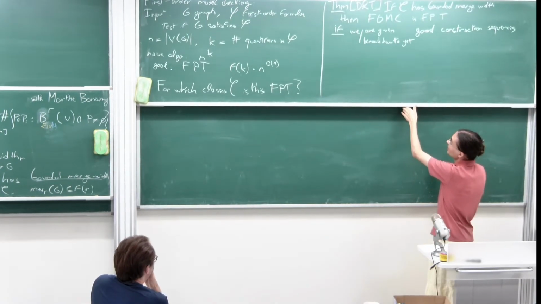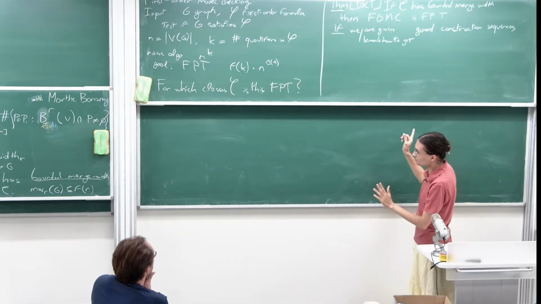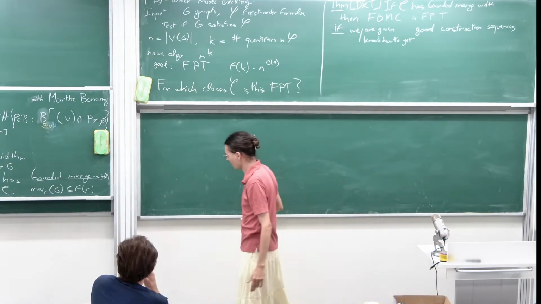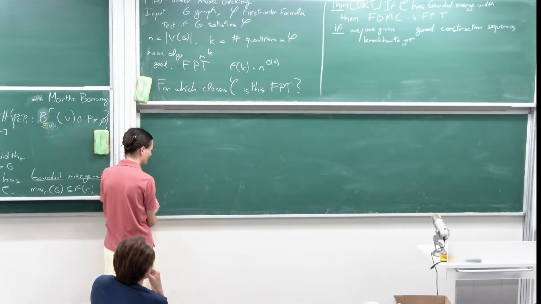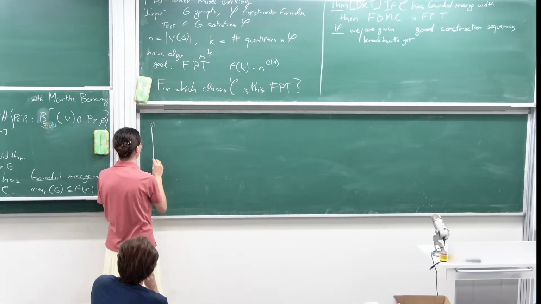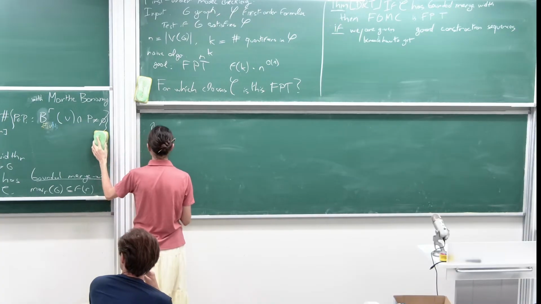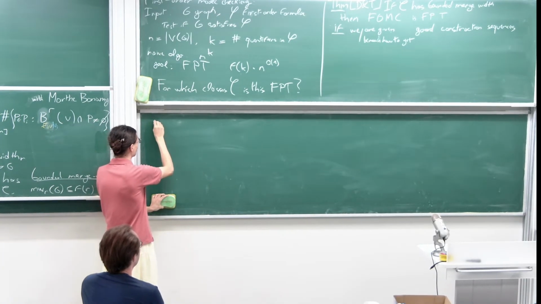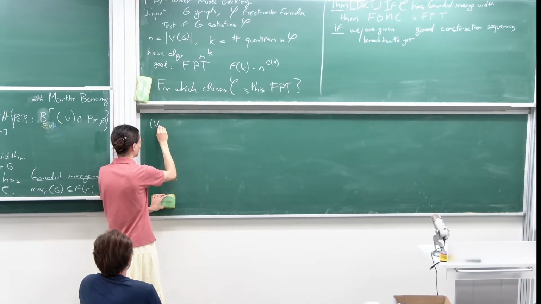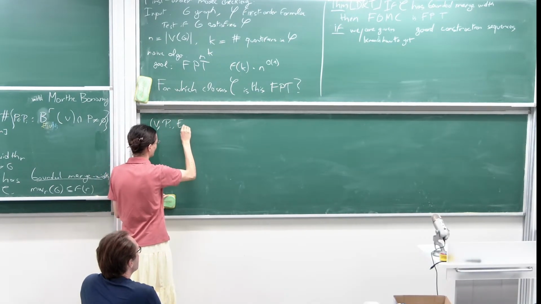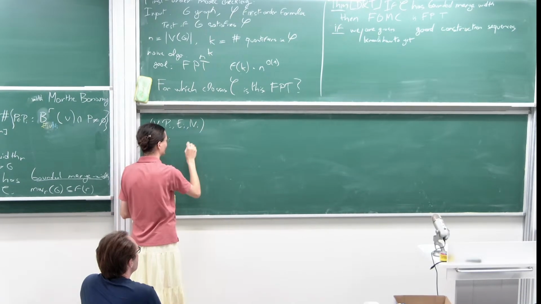I'm not going to get into any detail, but let me give you some intuition about how this kind of result is proved. If you have a construction sequence, it gives you a sequence of structures where you have the vertices, which don't change, and then you have the partition, edges, and non-edges.